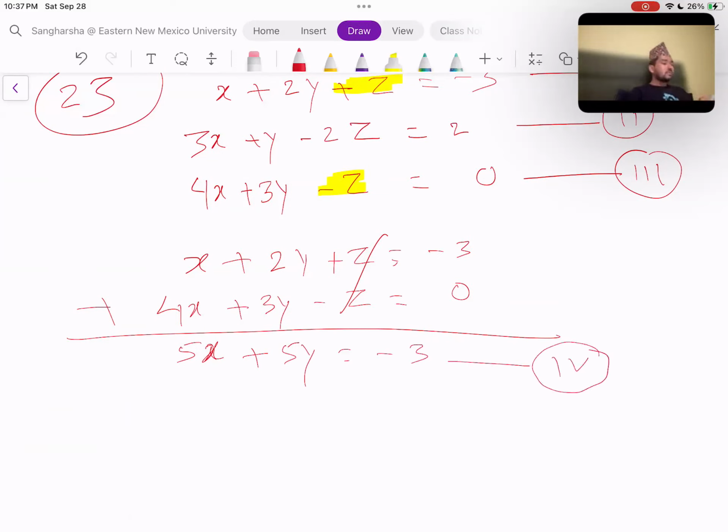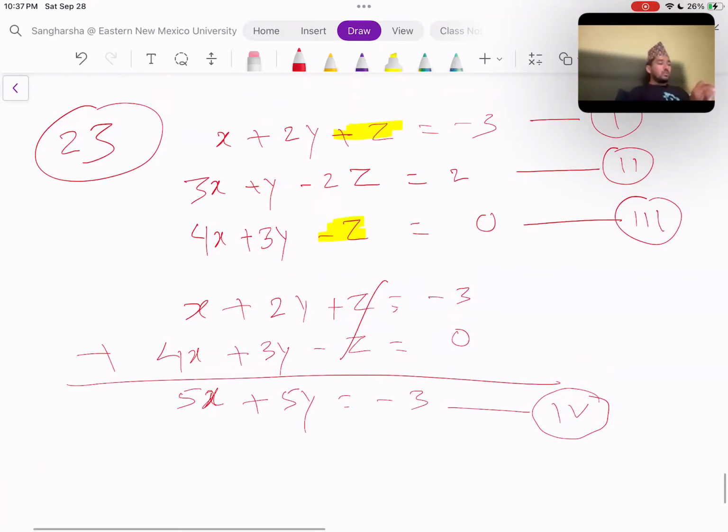Okay. So at first you can eliminate any one variable, x, y, or z, it doesn't matter. Now, in the second step, you have to eliminate the same variable that you eliminated earlier. By adding 1 and 3, we eliminated the z variable.